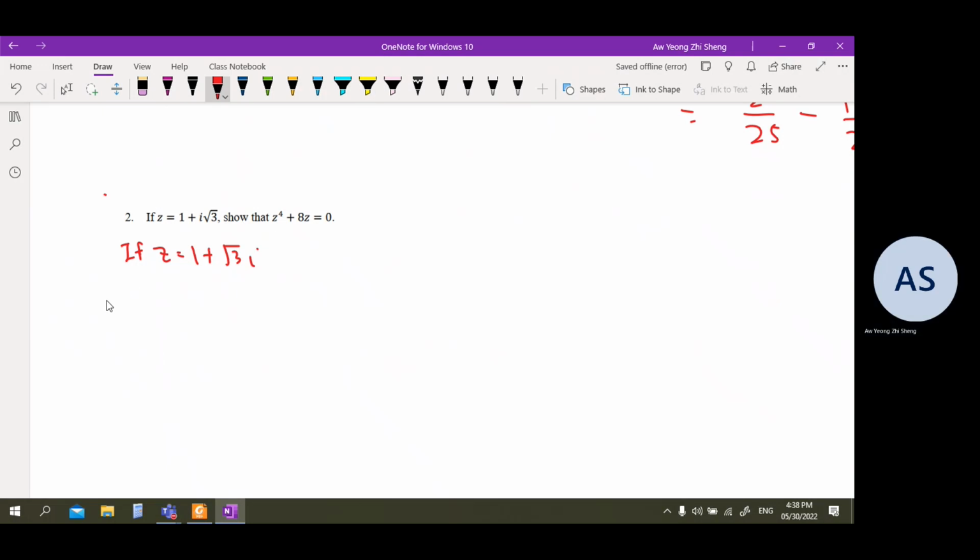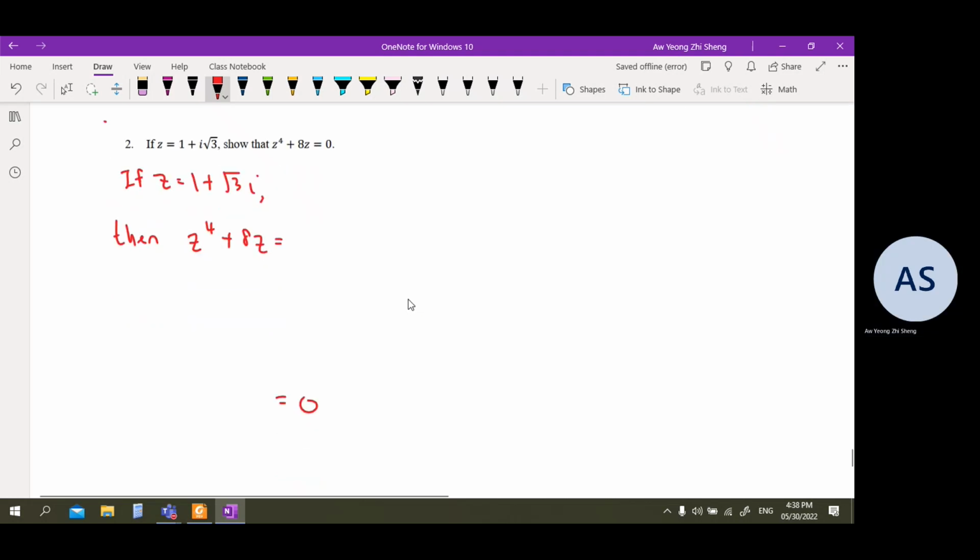Then z to the 4 plus 8z will be equals to. So don't write your 0 too early, because 0 is the result that should be obtained by computation. So you expect the final answer to be 0. So don't write your 0 too early. So we want to establish this equality by starting with the left-hand side and ending with the right-hand side.